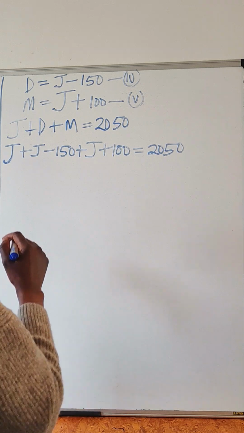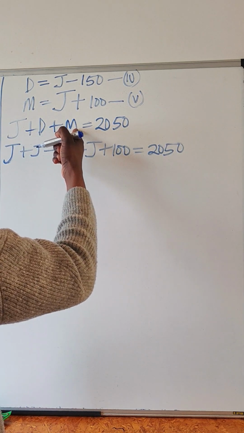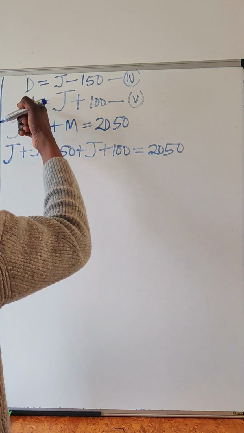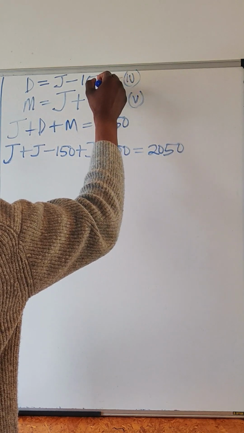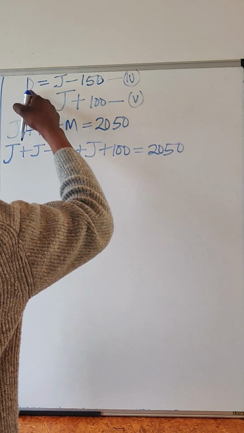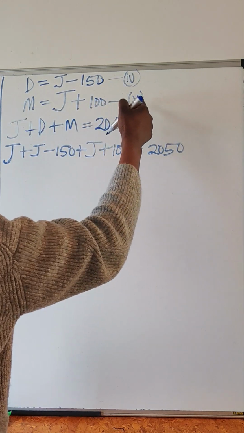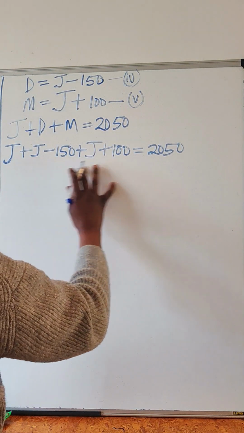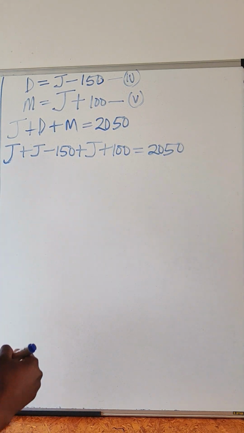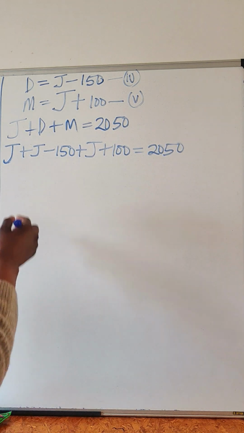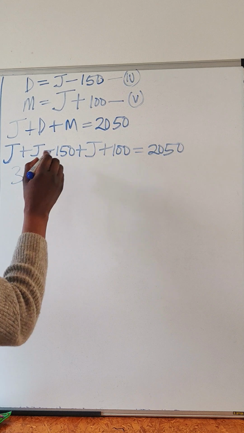We have substituted equations 4 and 5 in equation 3. That is, we replaced D with what we have in equation 4, and M with what we have in equation 5. So we can solve this now. Let's collect like terms, viewers. The J's are 1, 2, 3, so J plus J plus J gives us 3J.